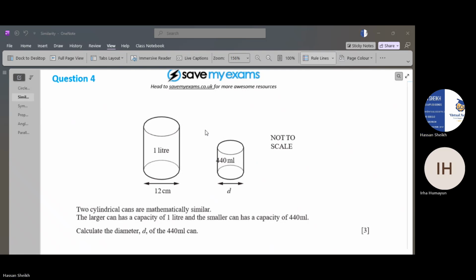Now, two cylindrical cans are mathematically similar. The larger can has a capacity of 1 liter, and the smaller can has a capacity of 440 ml. What does capacity mean?